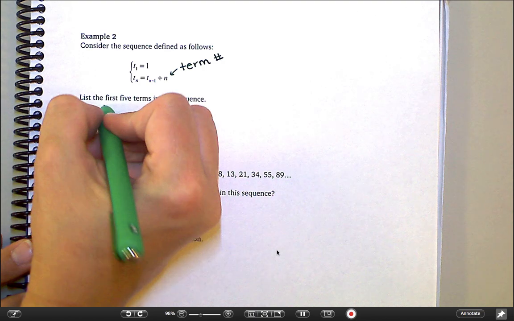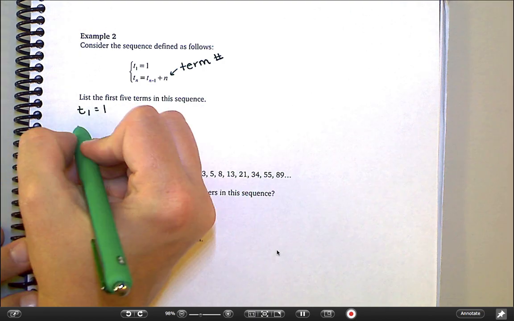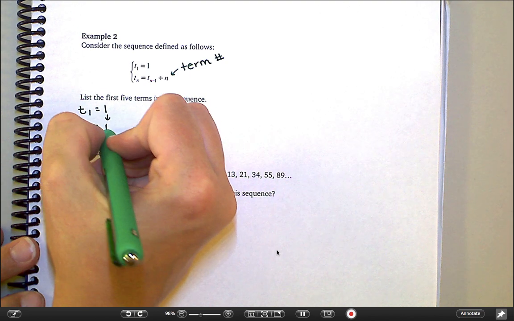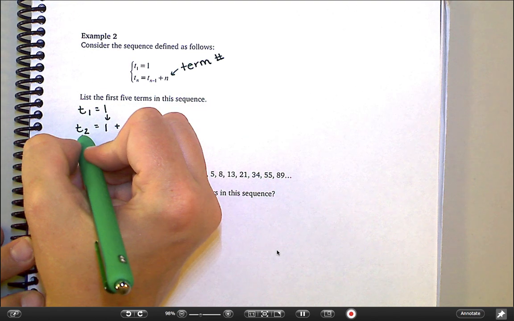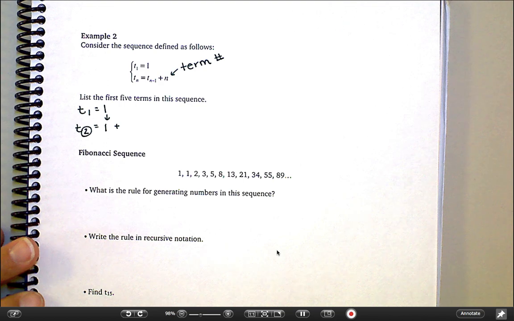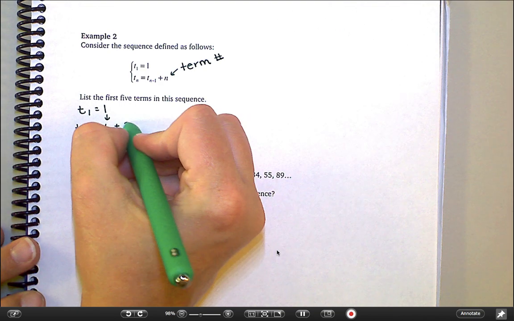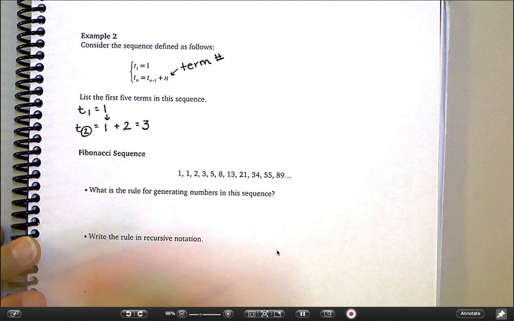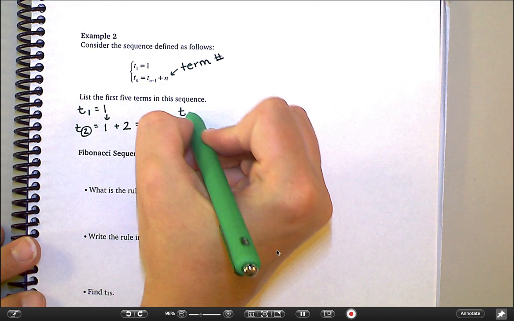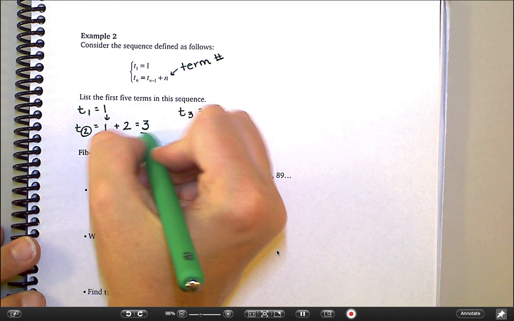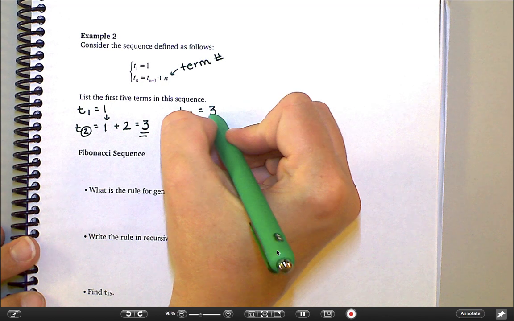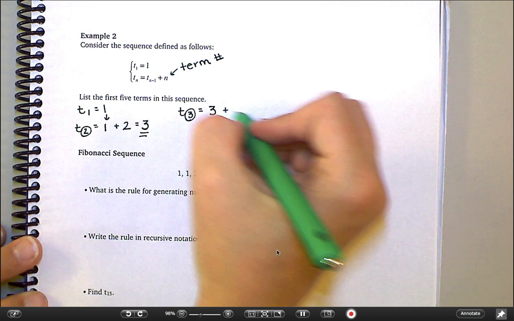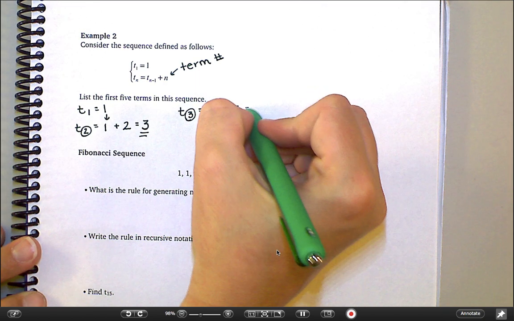Okay, so here's what this sequence is going to look like. Term 1 we said was 1. Okay, to get term 2, I'm going to take that 1 and add on the n value for that term, which is in this case 2, and I get 3. Okay, to get term 3, I'm going to take my previous term of 3 and add my term number, which is also 3, and I get 6.